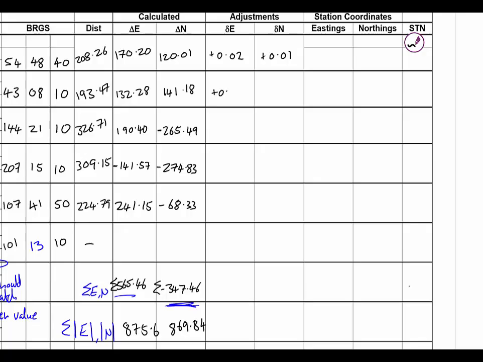And we come up with 0.02, 0.01, 0.02, 0.02, 0.02, 0.02, 0.02, and 0.